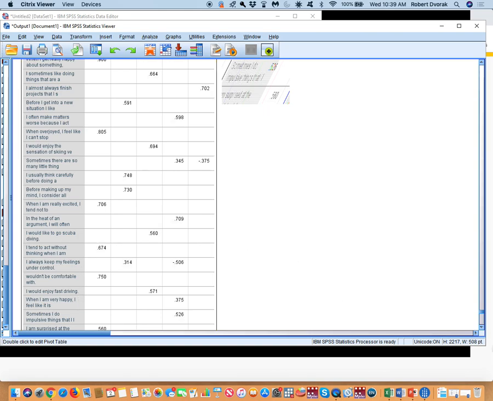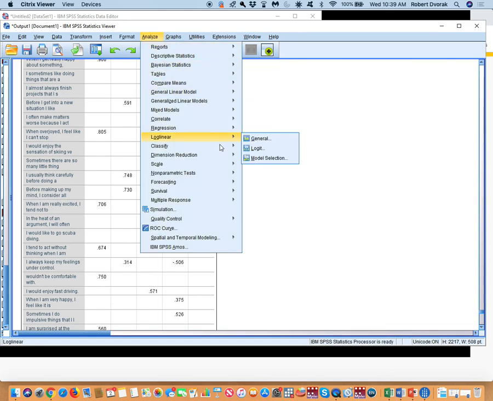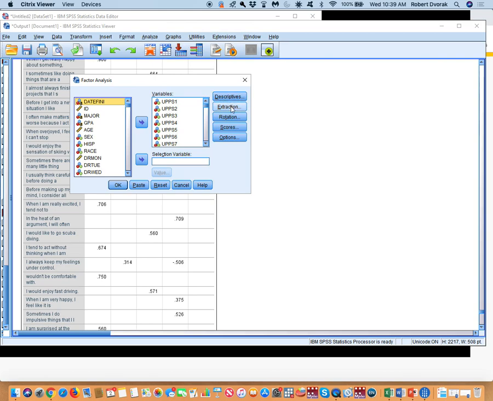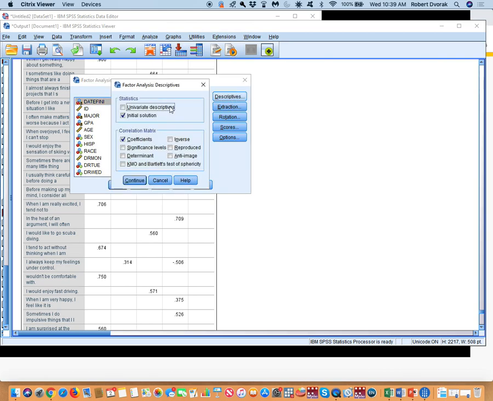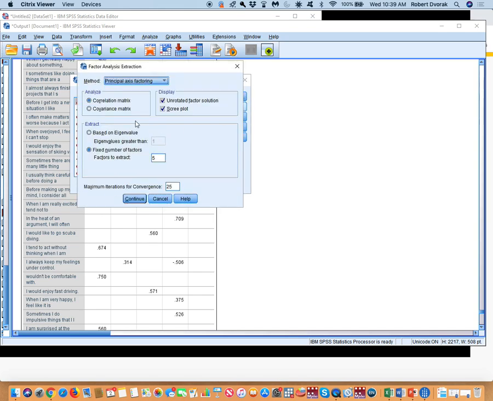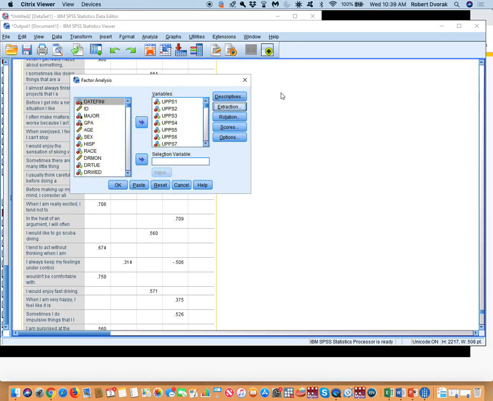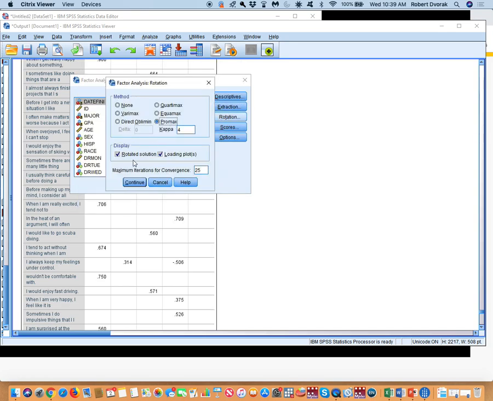Actually, let's see, I need to go back and do this. Analyze, dimension reduction, factor, descriptives. Rotation, is it under rotation?